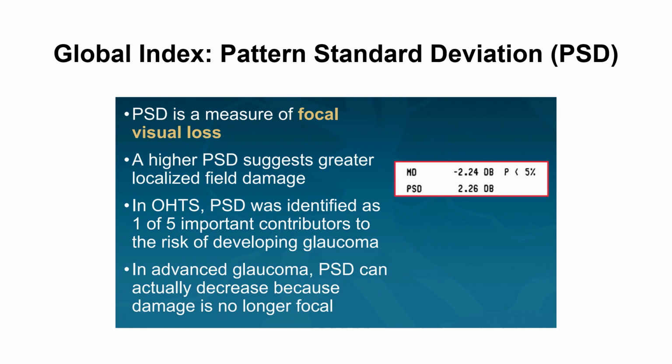Coming now to the second most important global index, which is the pattern standard deviation, which is a measurement of focal visual loss. So it's a measurement not of global but of focal field loss, which means that it's the standard deviation of each point from the age-corrected normal, and it measures the variability or local irregularities of the field.